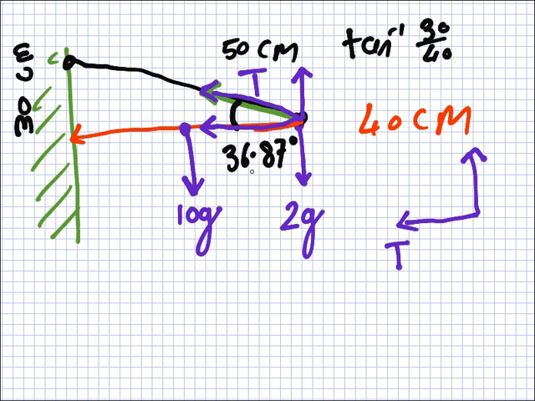T cos 36.87. I think cos 36.87 is 0.8? Yeah, 0.8. So this would be 4/5 T. And then this one here, that's T sine, and that will work out to be 0.6, which will be 3/5 T.